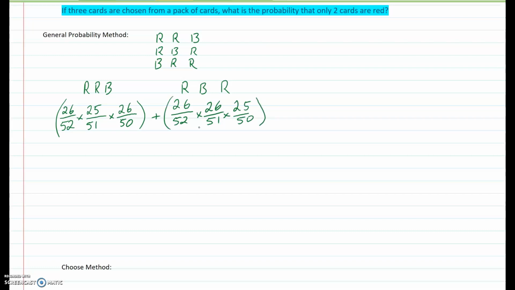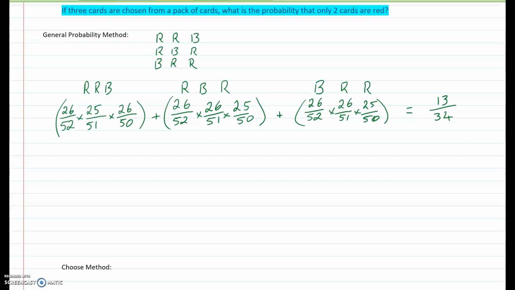Now, you can see that you need to watch your fractions here. The third one, black, red, and red. 26 black cards out of 52 at the very beginning. Reds, then I have 26 out of 51 remaining, and then 25 reds out of 50 remaining. So once I multiply all of those together, and that's quite a fraction, I end up with 13 over 34, which is my answer there.